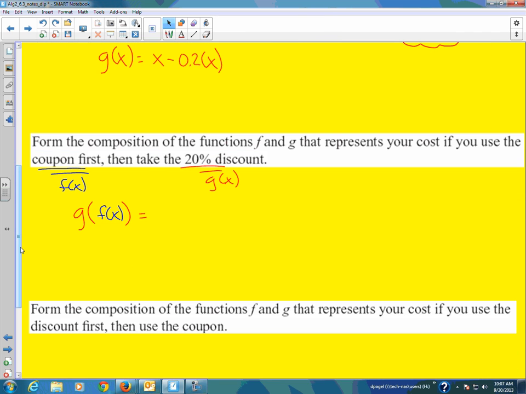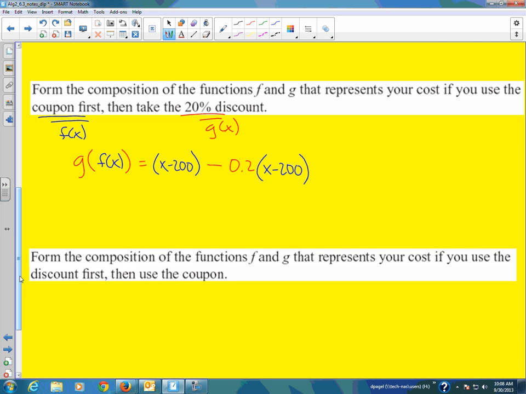Our g function is originally x minus 0.2 times x. But we're going to replace the x with our f of x, which is x minus 200. So this becomes x minus 200 minus 0.2 times x minus 200. Simplifying this, we get x minus 200 minus 0.2x plus 20% of 200, which is 40.